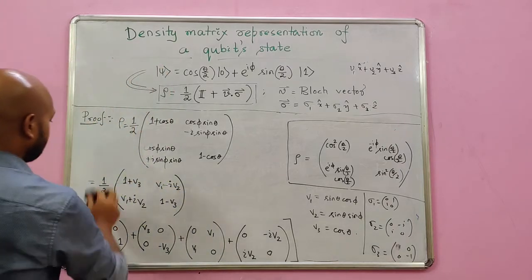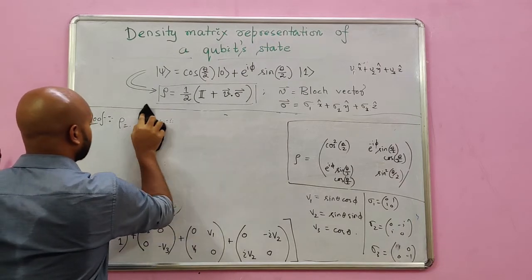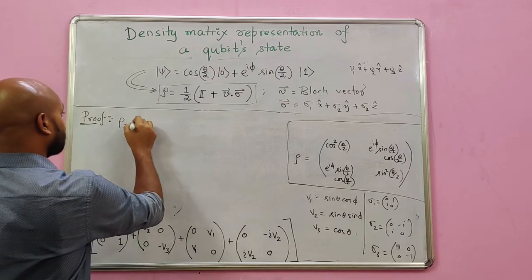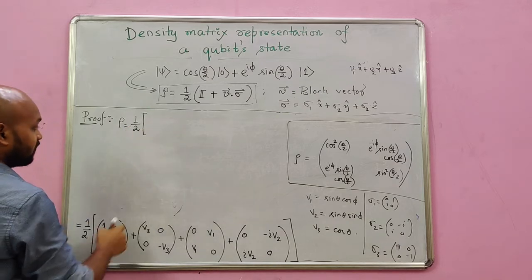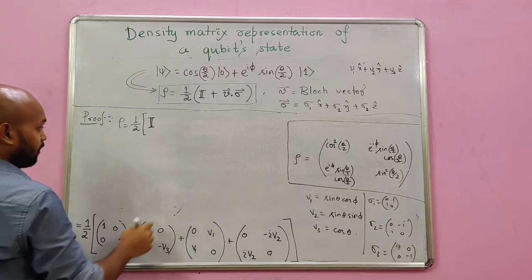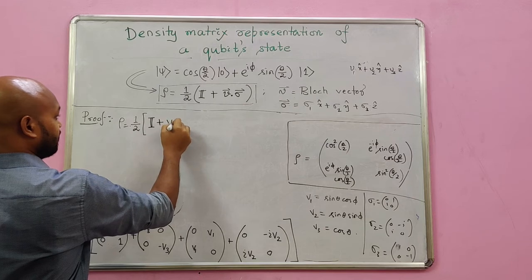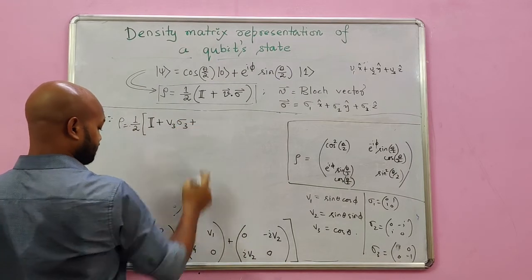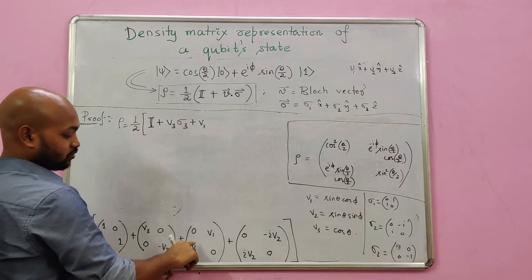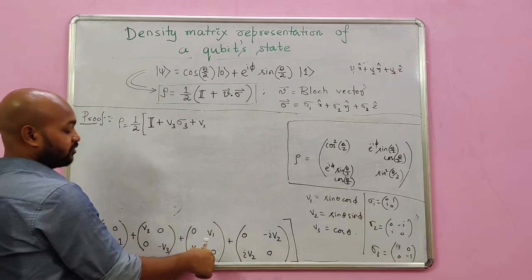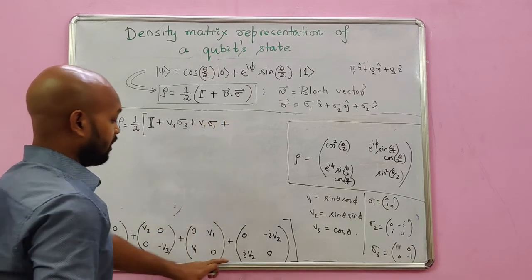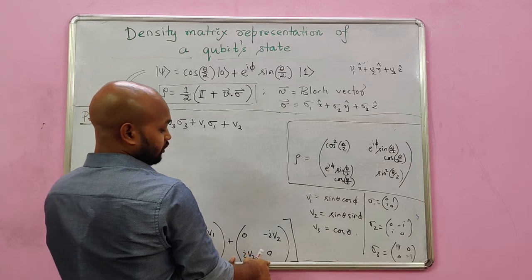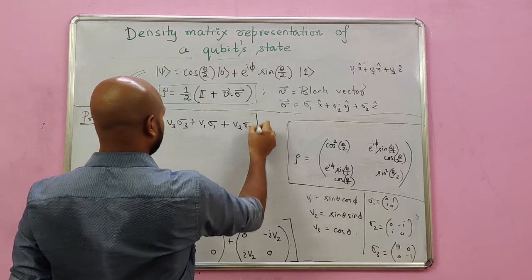So finally I write it as the following. I write it as half times this one is identity matrix plus this I can write as V3 times sigma 3 plus this I write as, I take the V1 common, what I am remaining with is 0 1 1 0, then that becomes sigma 1, and I write this as V2 times, if I take V2 outside, then 0 minus i, i 0, so that's my sigma 2.